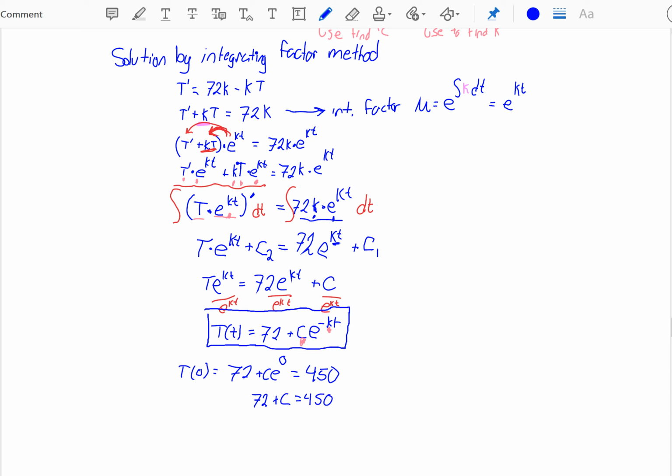Subtracting 72, we get C has to be 378, which makes our model now look like T of t equals 72 plus 378 e to the negative kt.